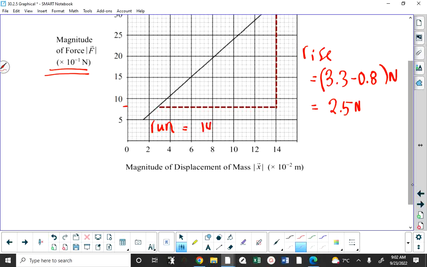I'll do this slightly differently. 14 minus this is, ooh, this is a tricky scale here, isn't it? Well, let me explain it first, though, please. So the first number on the right was easy to read, but this is a little bit more difficult.